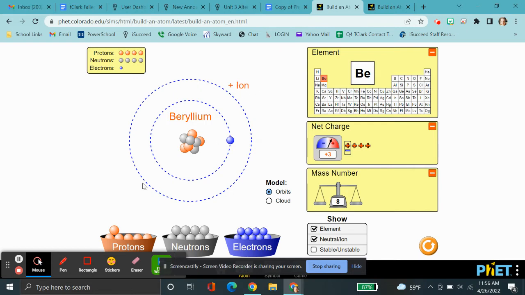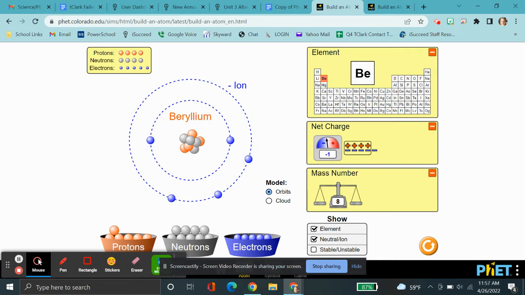So we have a positive ion because we had no electrons, and now we still have extra positive protons compared to electrons. So then we need to add more to make it a neutral atom. You could also add even more electrons to make it a negative ion. Okay, so that should take care of 5.